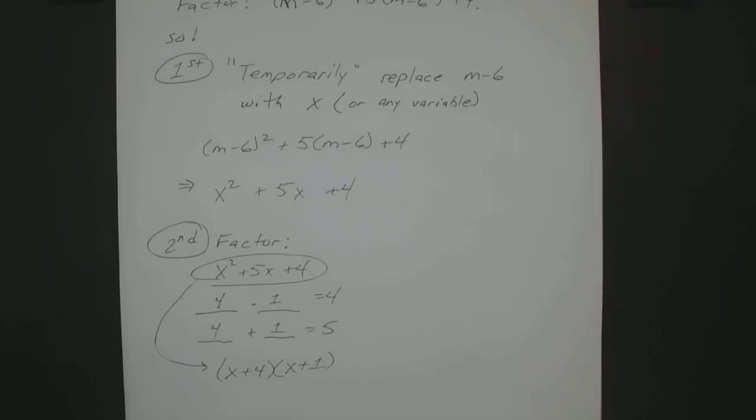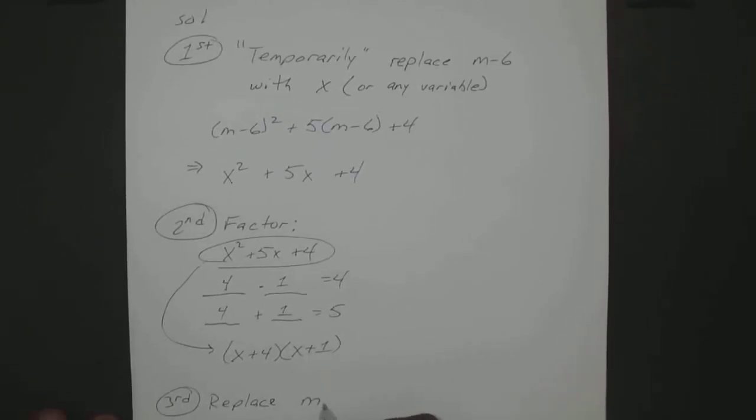Okay, so now remember, you only temporarily replaced x with m minus 6. So now you just have to place it back. So you replace x with m minus 6 and simplify.